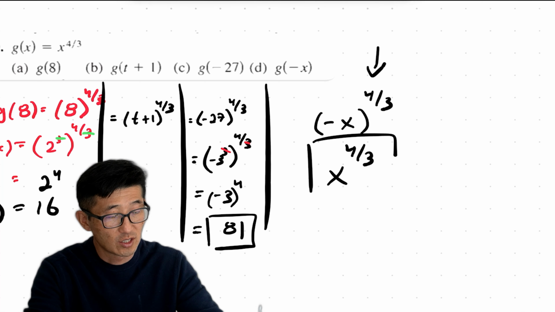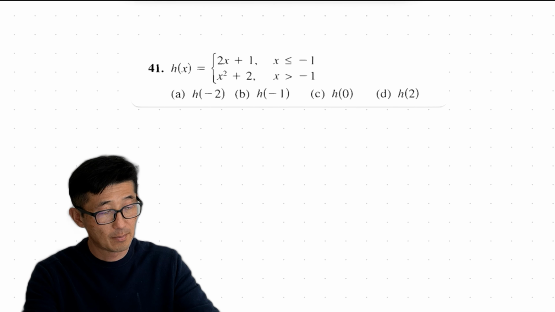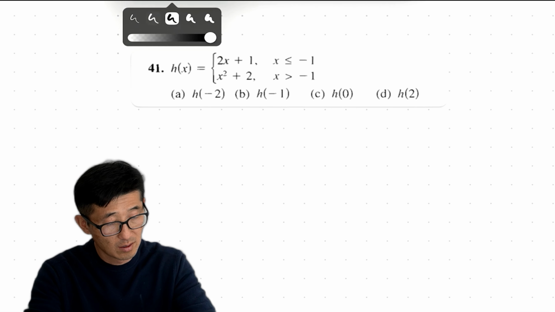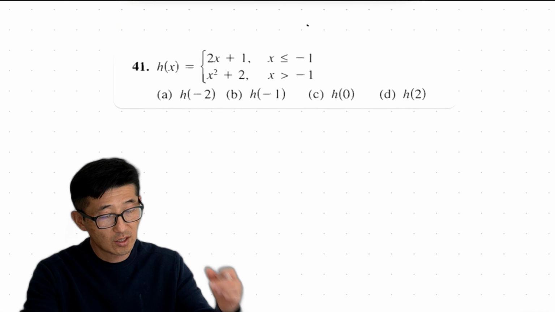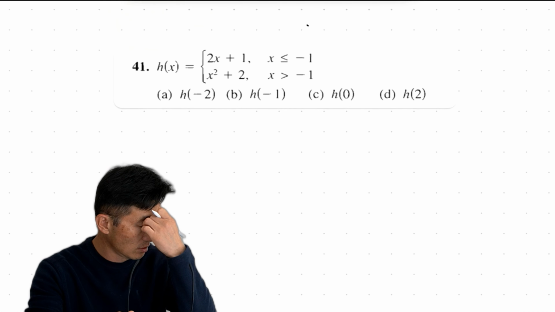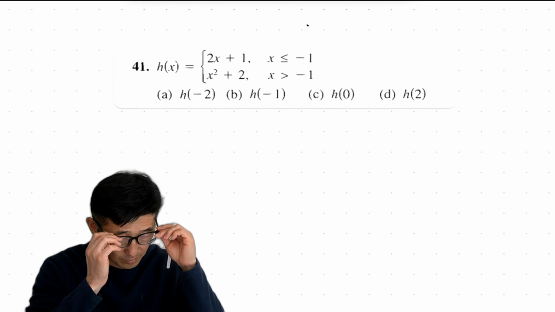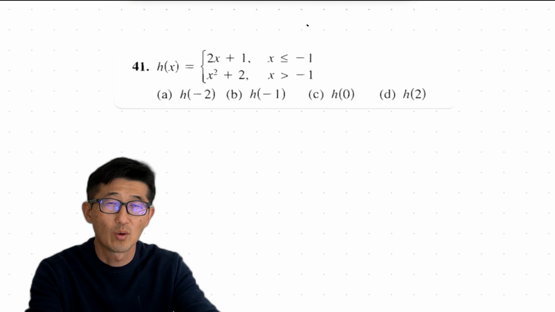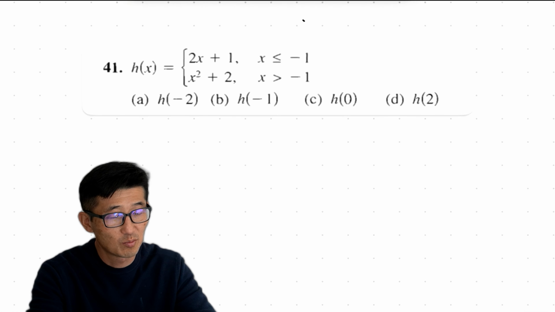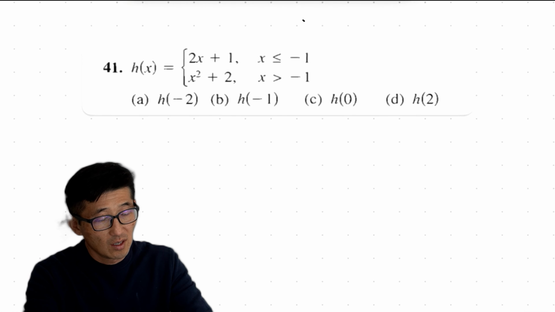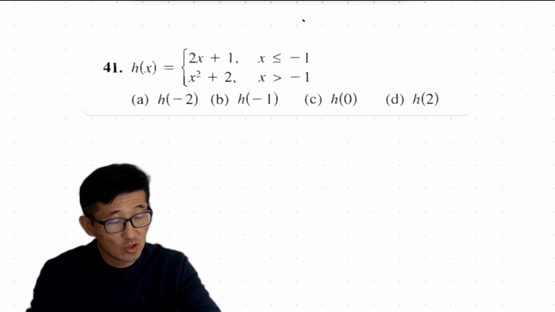Okay, scroll down. Try number 41. This is called a piecewise function. Piecewise, pieces together. All right, h of -2. Now pay attention to this portion right over here. This is your domain.